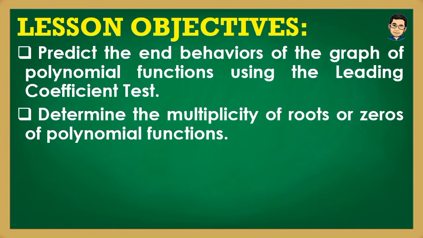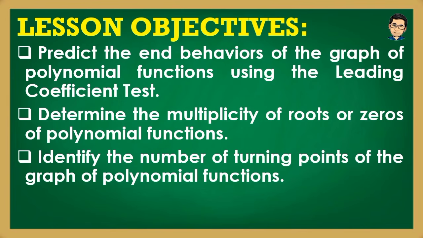So, meron po kasi tayong mga polynomial functions na hindi lang po isa yung kanyang root. Maaring dalawang beses umulit, tatlo, or higit pa. So, ang tawag po natin dun is multiplicity of roots. And then, identify the number of turning points of the graph of a polynomial function.